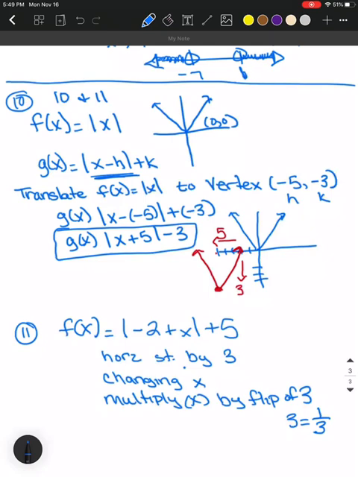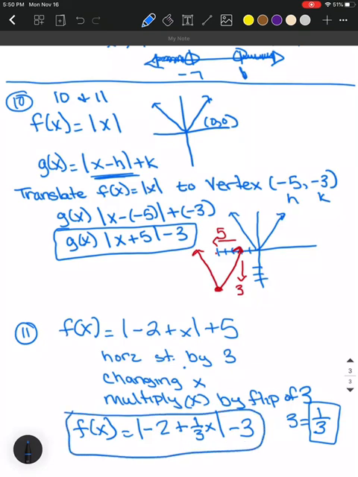So because it's horizontal, I am going to multiply my x only by that. So my function, f of x, becomes the absolute value of -2 plus I have to replace my x with 1/3 x minus 3.